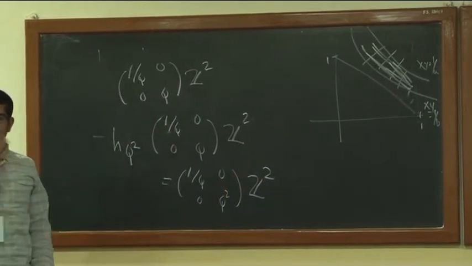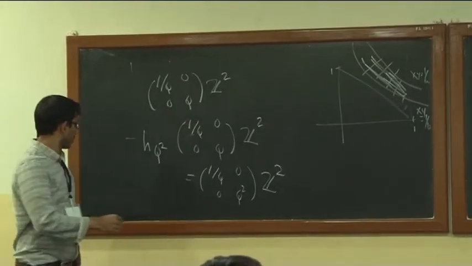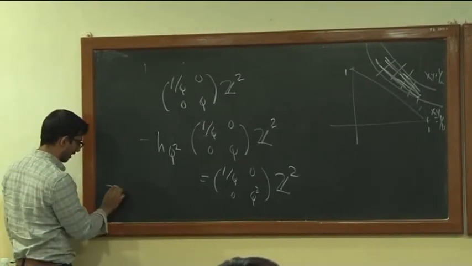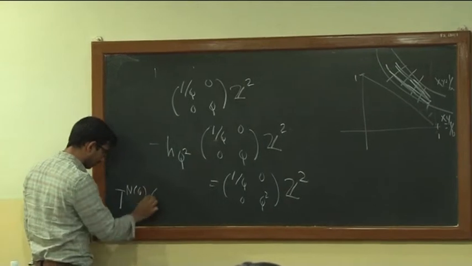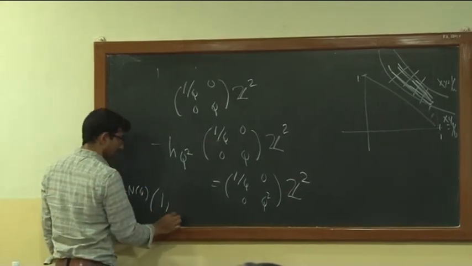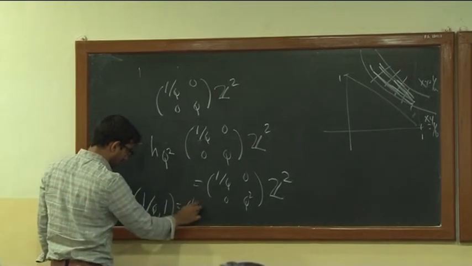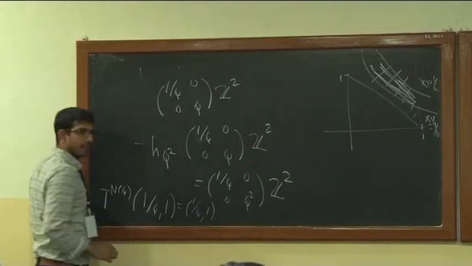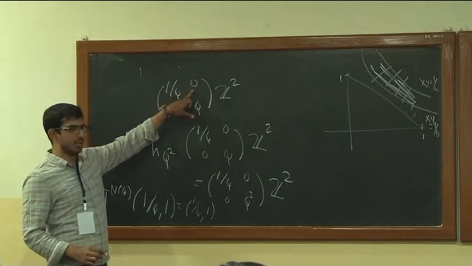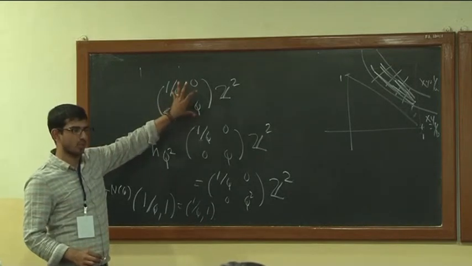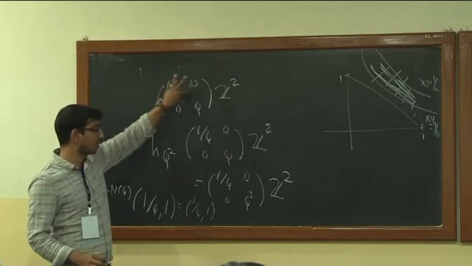It has period Q² under the horocycle flow, which corresponds to the fact that, in fact, T^(n(Q)) of the point 1/Q is 1/Q. Now, you might say you have 1/Q here, but of course it's the same thing, you just add Q times this thing.